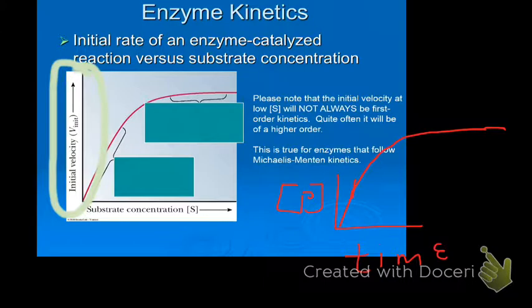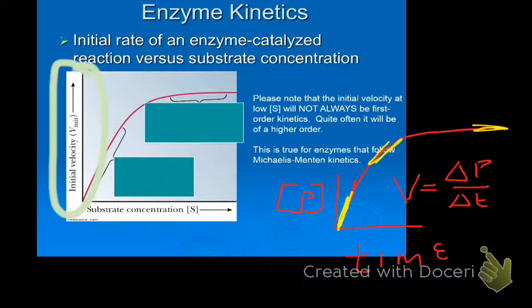So velocity is a derivative, because it's the change of product concentration as time changes. If you think back to calculus, see the tangent here, the velocity there is a lot different than it is here. And up here, it actually gets to zero.